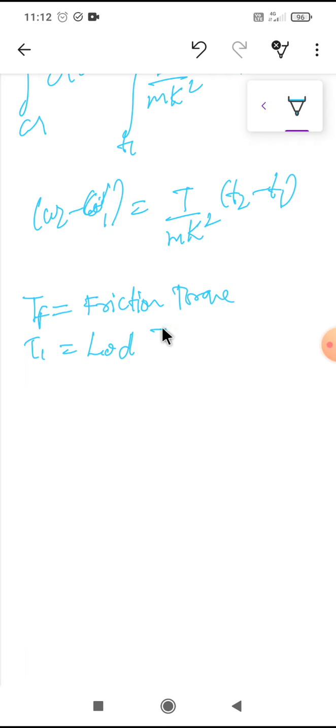So at no load, the torque is only the friction torque, and at load, the total torque will be the friction torque plus the load torque. So we'll see now by applying this condition.